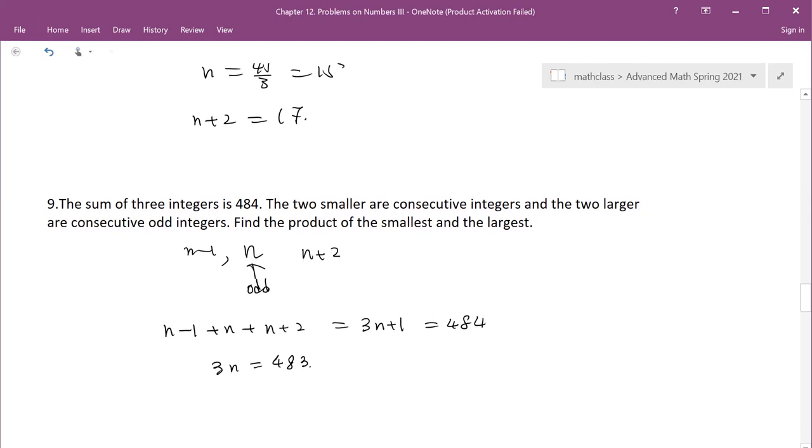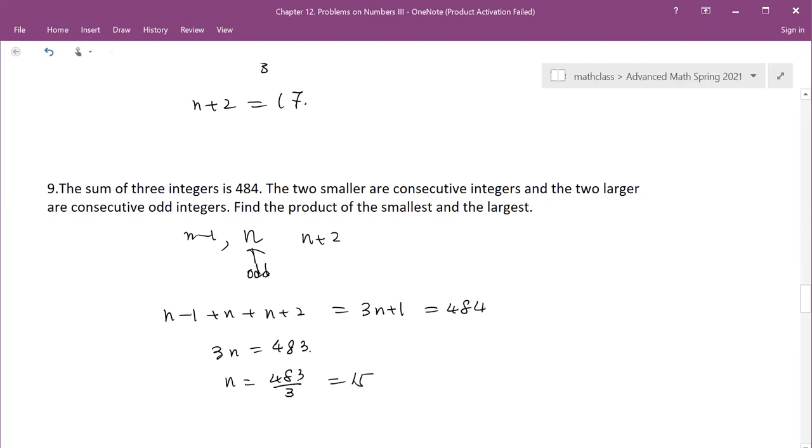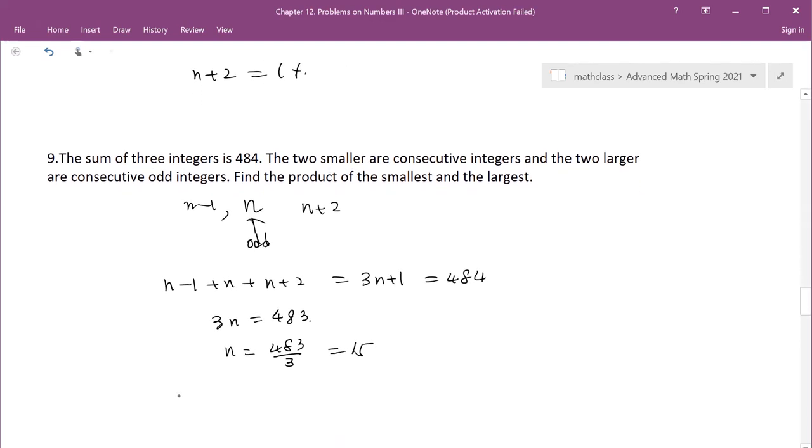Then you solve for n by dividing by 3, and this must be divisible, otherwise there's no solution. The answer here is going to be 15. So n is indeed the odd number. Therefore, you have 14, 15, and 17.